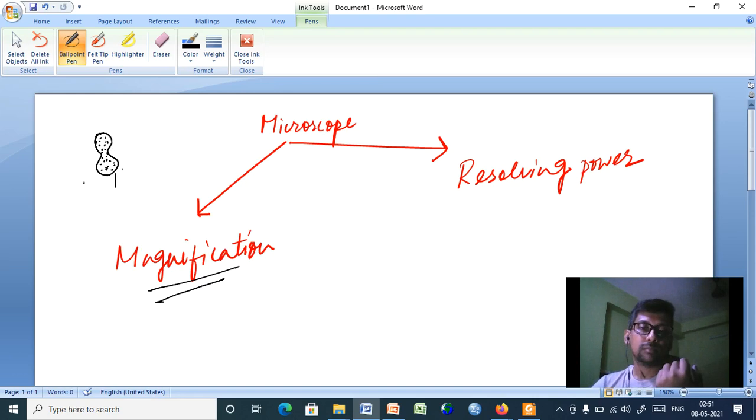Or maybe some other one, like a dinoflagellate, which is commonly found, Ceratium. But we can't observe them using our naked eyes. We have to study them by a microscope. So it can increase the size of the object.